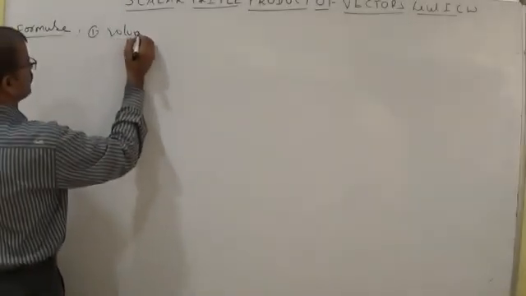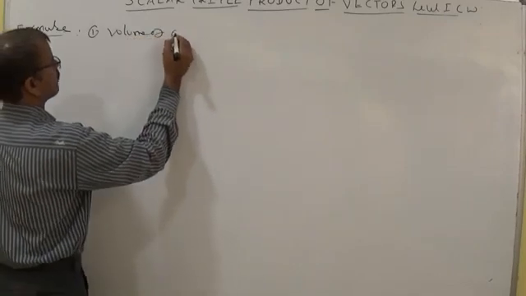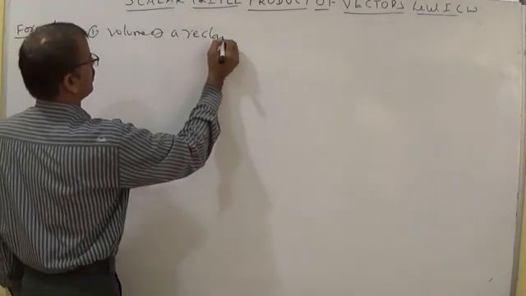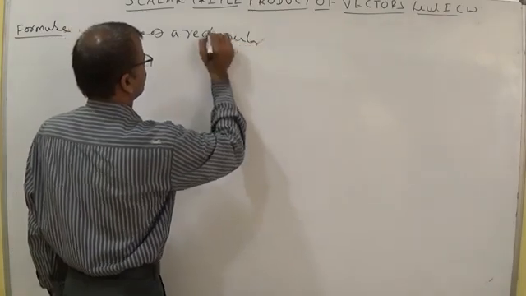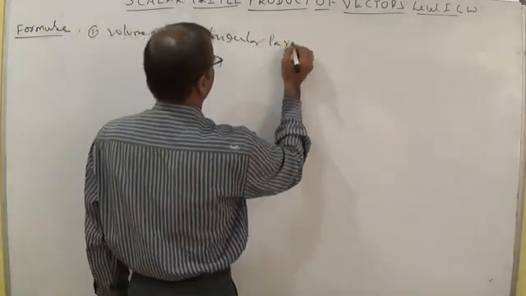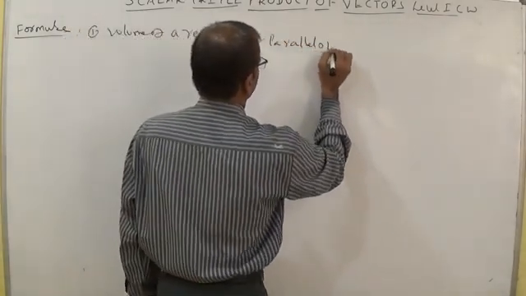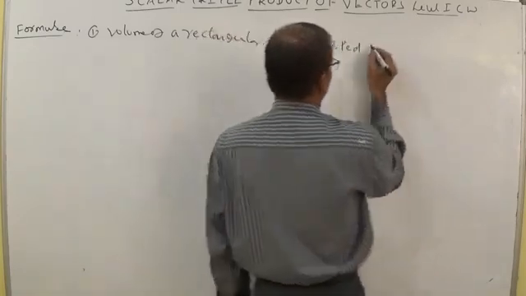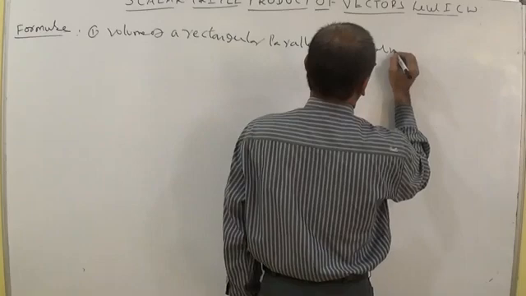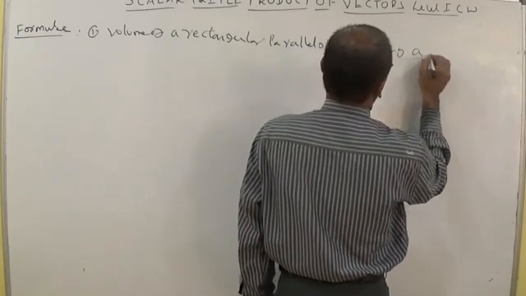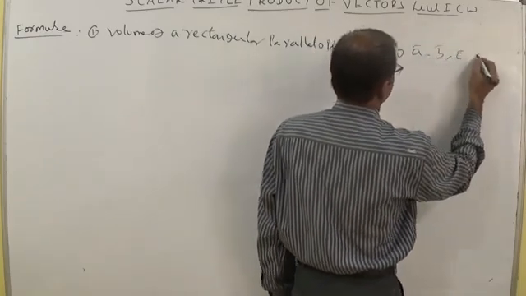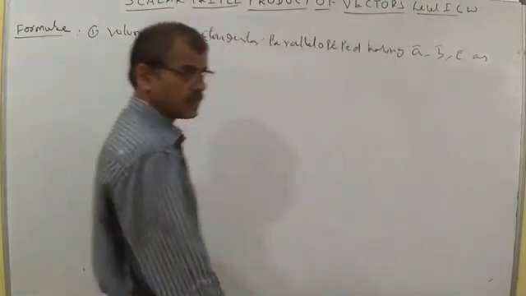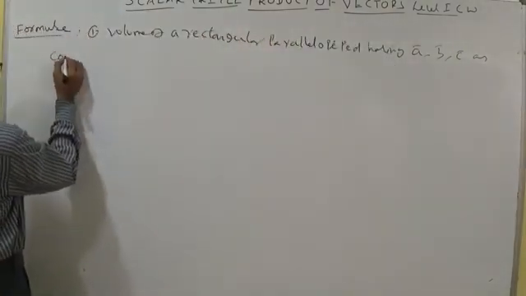I am writing the formula first of all: volume of a rectangular parallelepiped having a bar, b bar, c bar as coterminous edges.